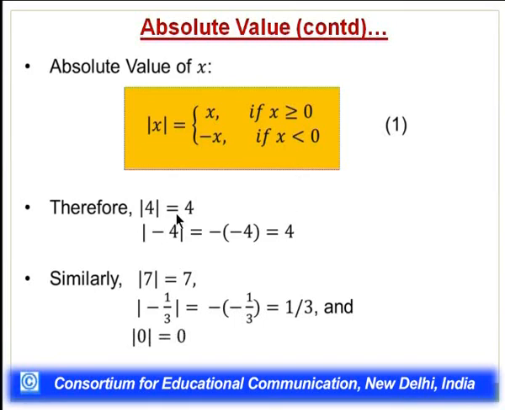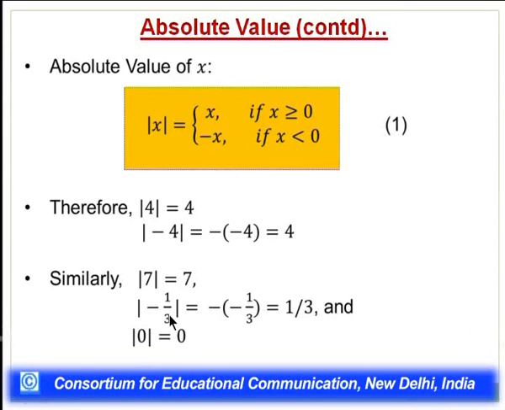Now, if we look at some examples, as I just said, the absolute value of 4 is 4 itself, because that's the distance between 4 and 0 on the number line. Similarly, the absolute value of -4 would be 4 again, because the distance between -4 and 0 on the number line is again 4. Similarly, the absolute value of 7 is 7.